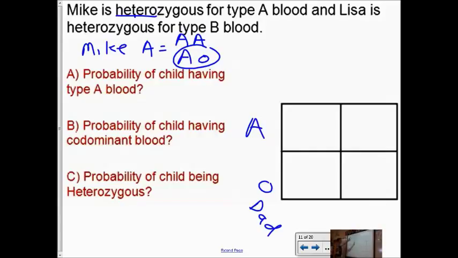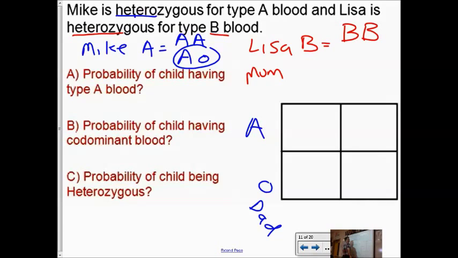Now, Lisa, the mom, is up here. And Lisa is, it says, heterozygous for type B blood. But again, type B could be big B, or big B, little o. It can't be AB, because type AB is not type B. Those are different.